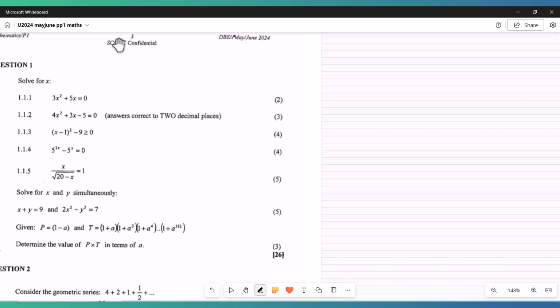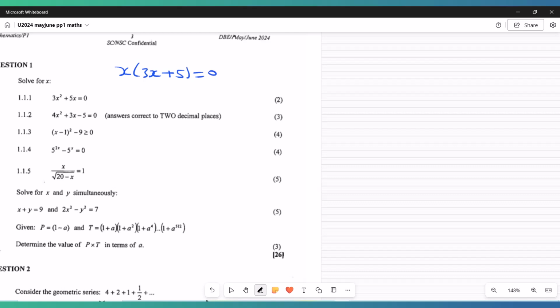So we say x, open brackets, left with 3x, and then plus 5 equals 0.